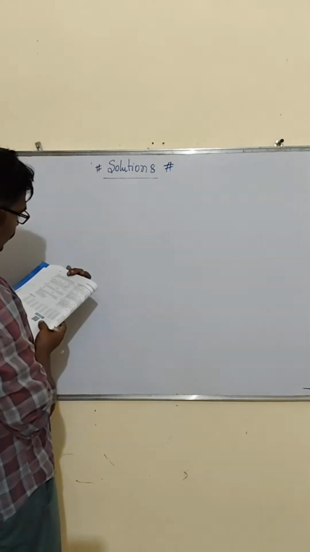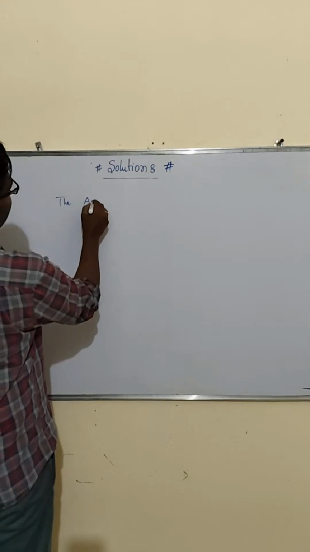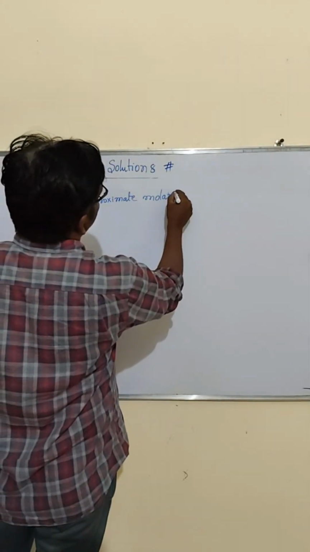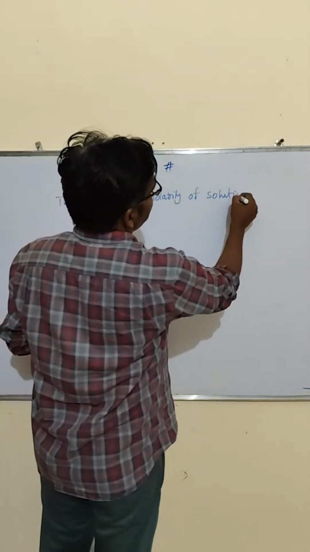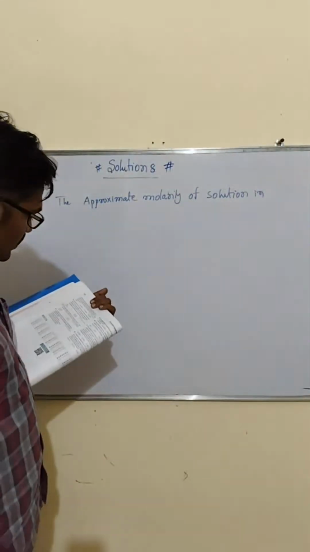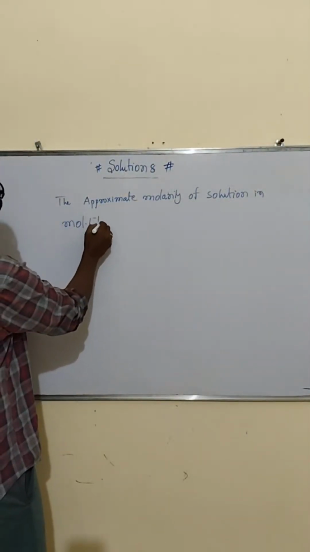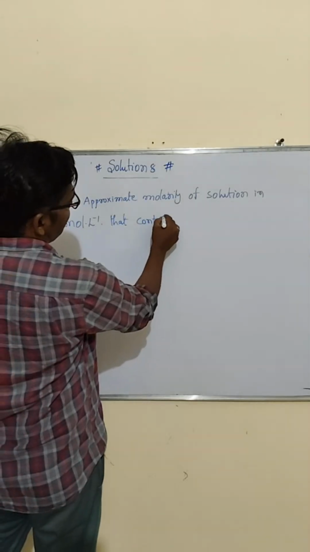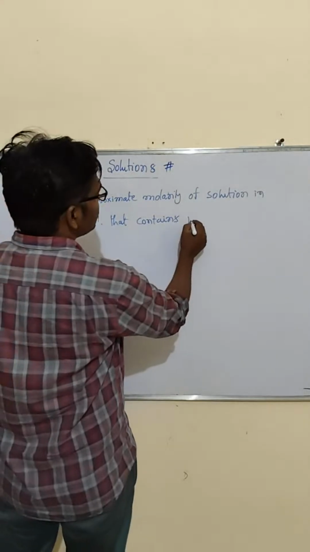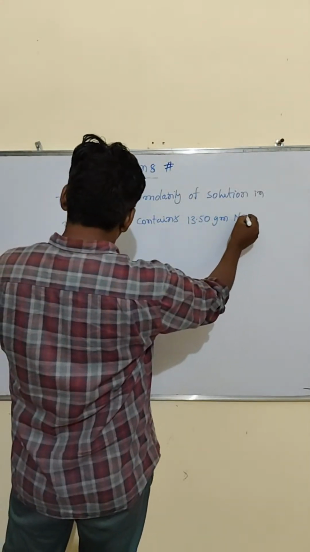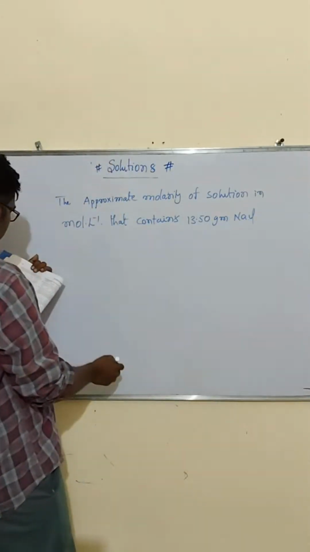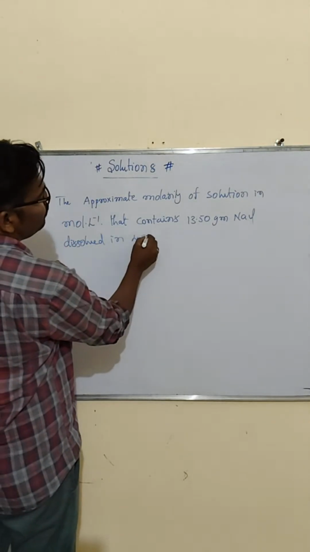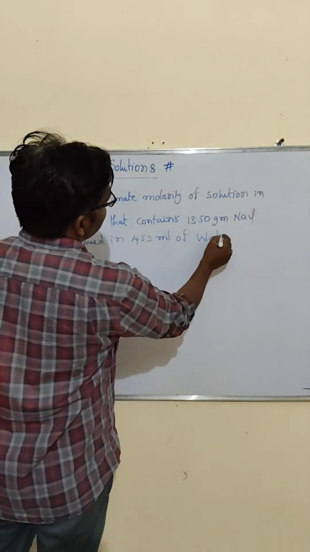The approximate molarity of a solution, in mole liter inverse units as mentioned, that contains 13.50 grams of NaCl dissolved in 452 ml of water.